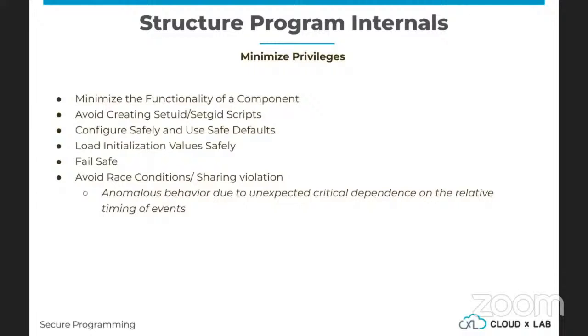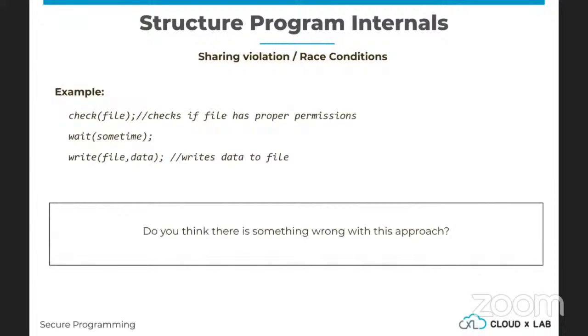And if a system is buggy, race conditions are hardest to solve. Like for example here, say you are trying to write data to a file.